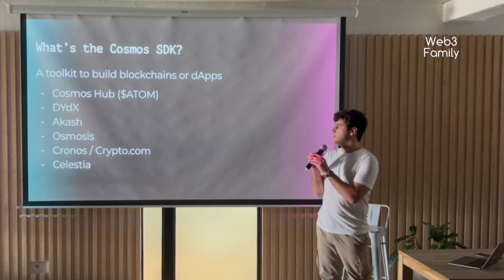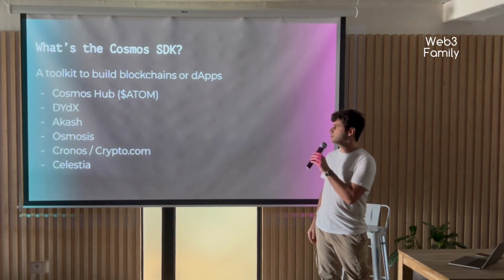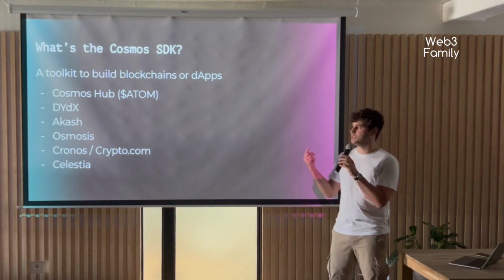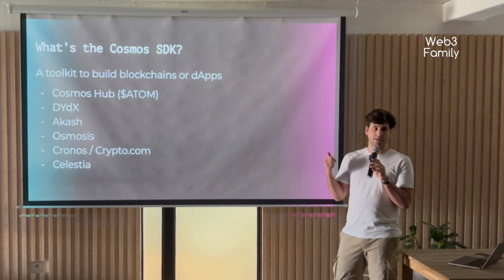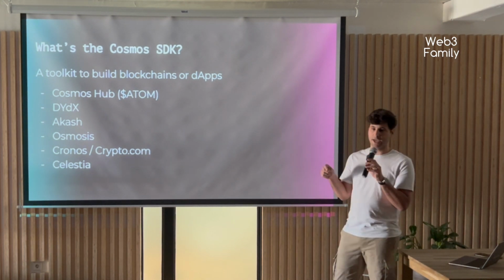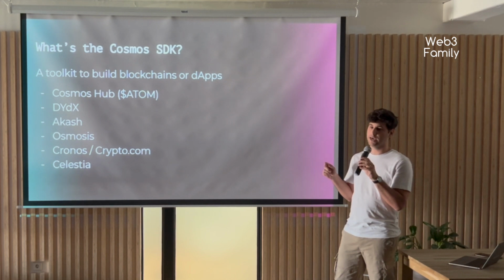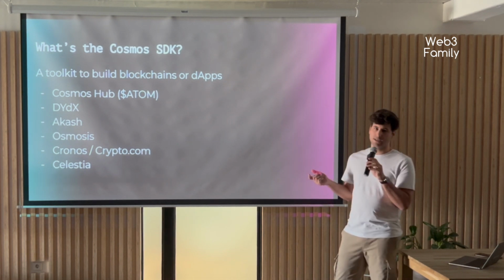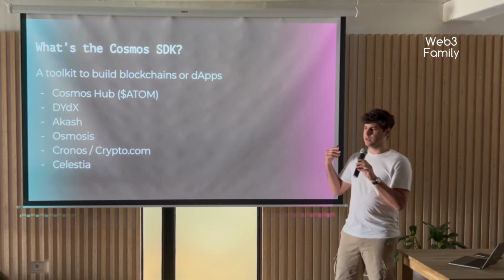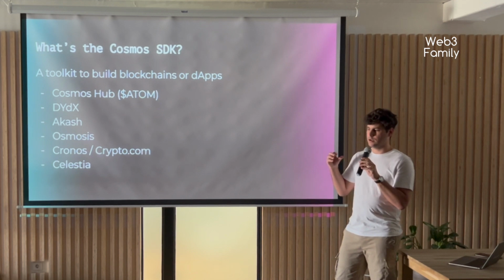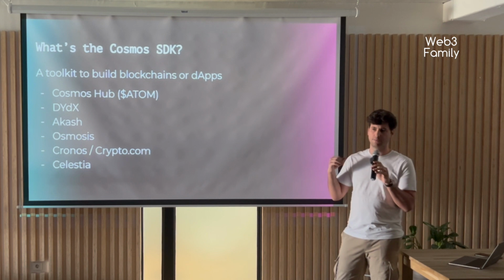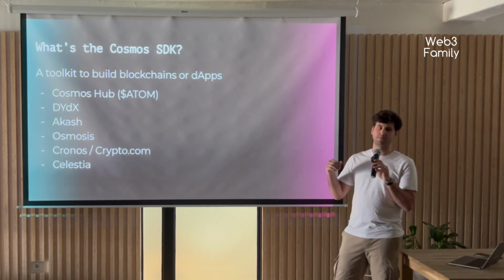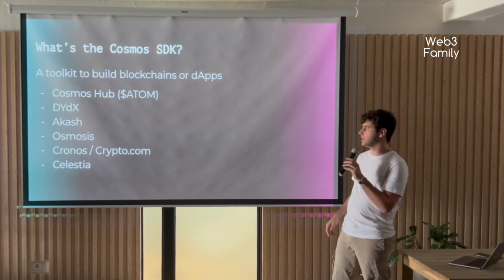Some of our most known users are the Cosmos Hub, which is the Atom token, and dYdX, who built their decentralized exchange using the Cosmos SDK. They did this because, as we're going to see later, they had lots of flexibility. They put a lot of custom code in it, and they built this super efficient and optimized blockchain with the Cosmos SDK.